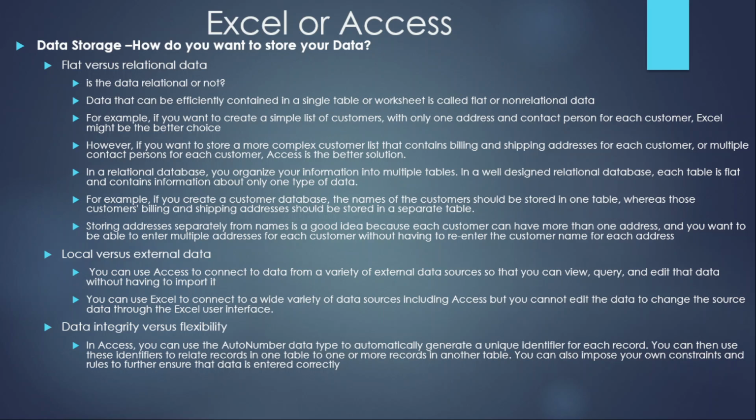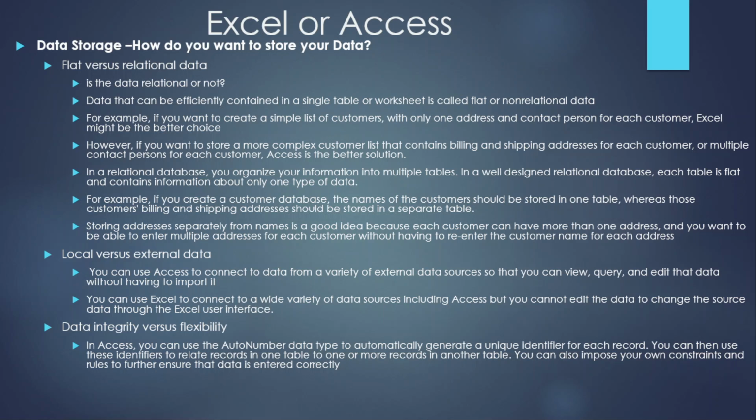But in Excel, you can only use data validation to restrict the type of data that you enter in a cell, whereas you do not have the AutoNumber feature that prevents duplication. So what do you want?